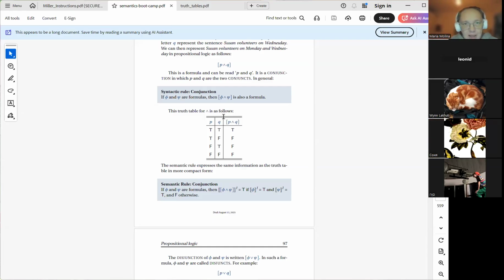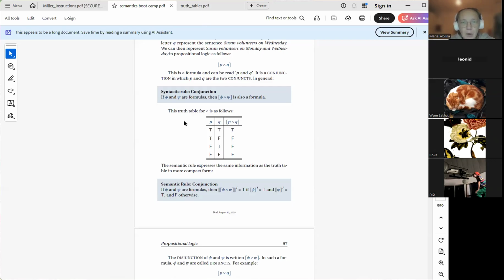For example, a formula P and Q can be presented in the form of a truth table.